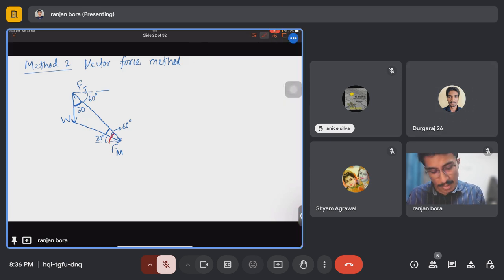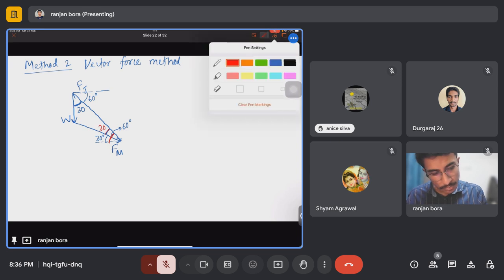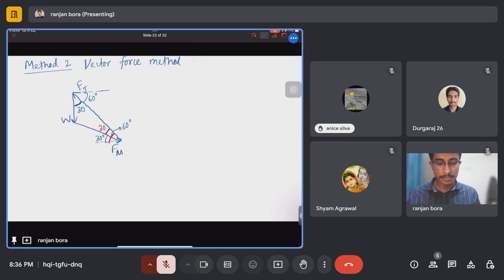Yes, sir. So this angle will be 60, so this angle will be 30. We can find out the remaining angle because the summation of angles in a triangle is 180. Two angles are 30 and 30. 30 plus 30 is 60, so this will be 120. This angle is 120. Now in a triangle there is one sine law which we can write.